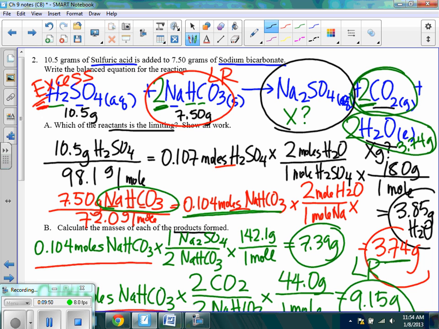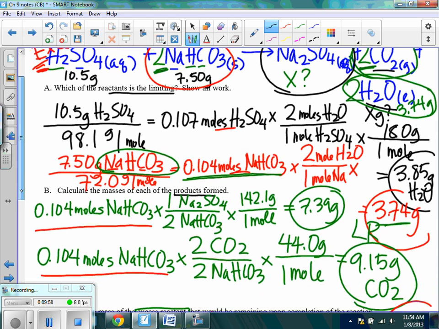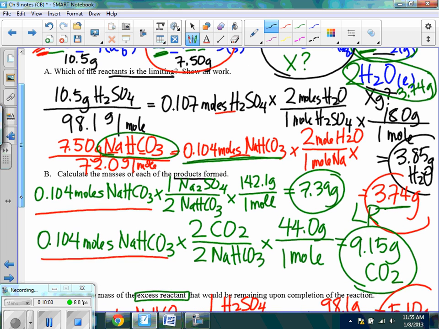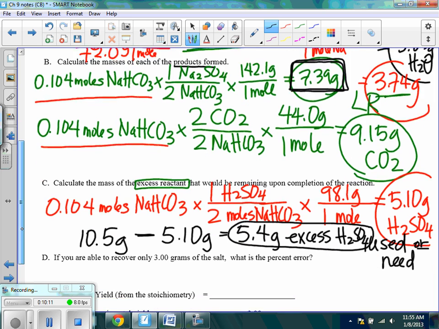So again, how many grams of that? I have to go back to my limiting reactant. Broken record again. So if I take a look at Na2SO4, do I have that calculated somewhere? I should have that product somewhere, right here. So Na2SO4, 7.39 grams of that is my product that I figured out.